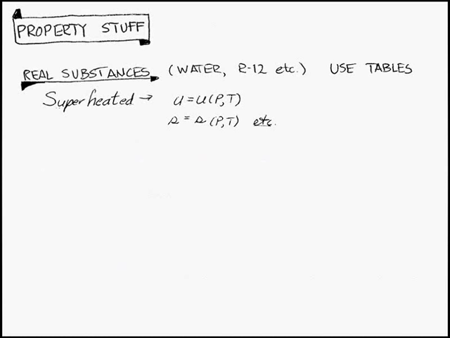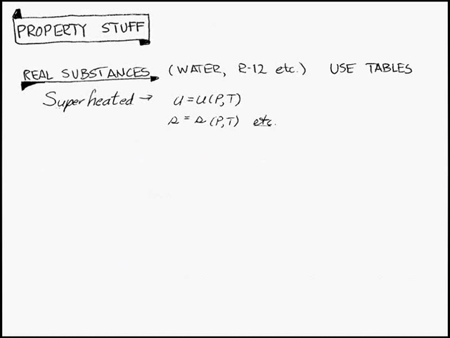So let's first off look at how I calculate properties when I have a real substance and the substance is superheated. That is, it's in the vapor phase. Basically, I just need two independent properties to fix the state of any intensive property. So in theory, if I know pressure and temperature, that's enough to find the specific internal energy, the specific entropy, the specific enthalpy, which I haven't written.